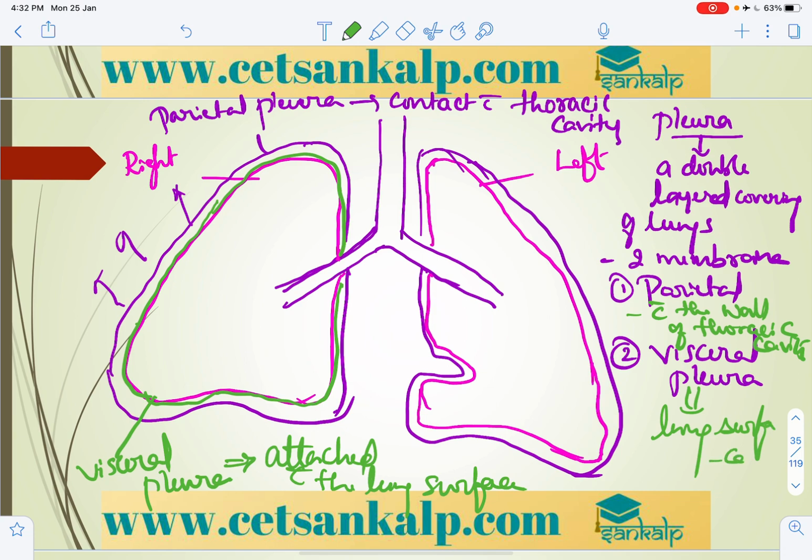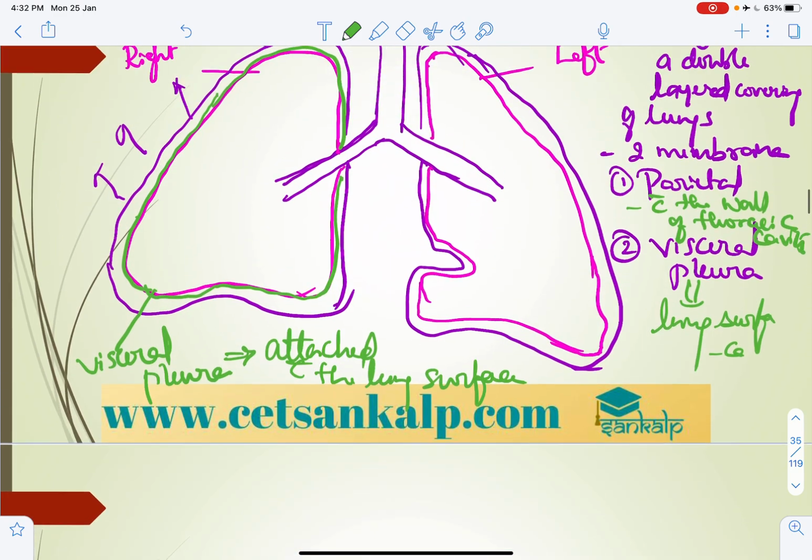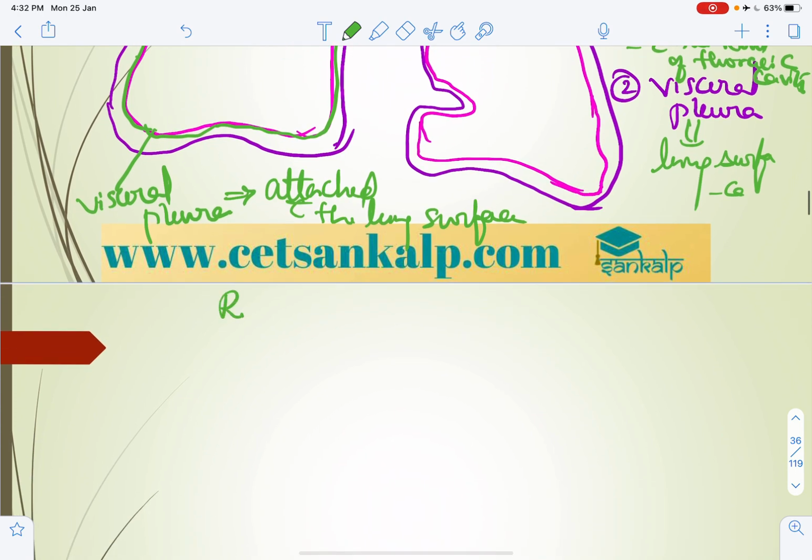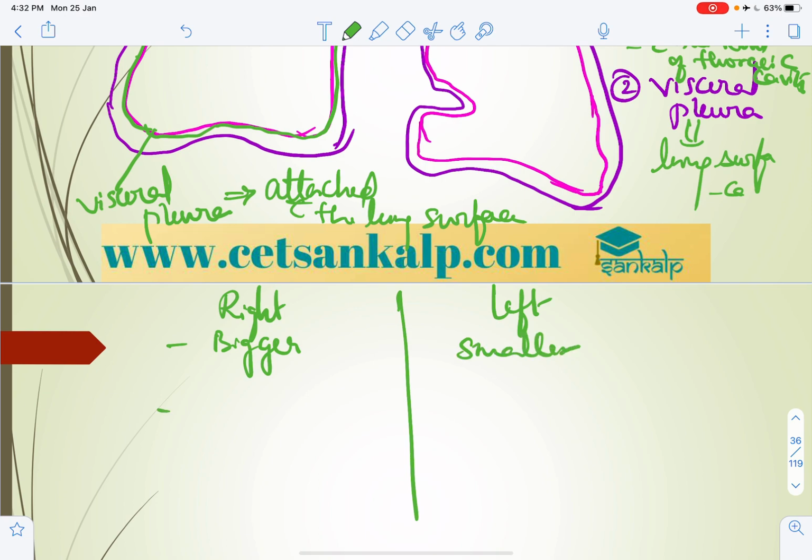Now the very important thing to keep in mind is the difference between the right and left lung. The right lung is a little bigger, with 3 lobes, and the left lung is a little smaller, with 2 lobes.